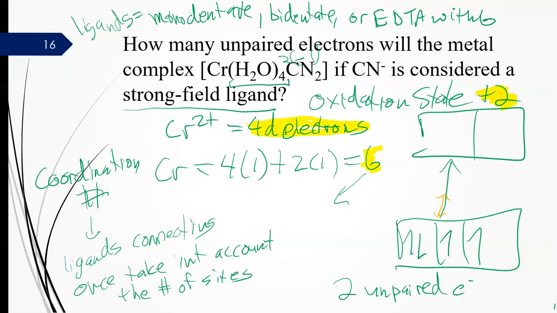You have to figure out your coordination number so you can figure out whether they're split like this or split like a tetrahedral, where you have different orientations. And then you have to understand whether it's a strong field or a weak field, and how that impacts things for high spin or low spin.